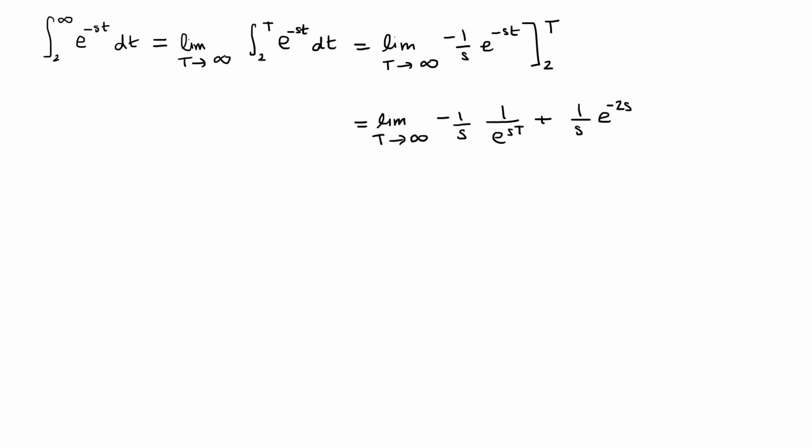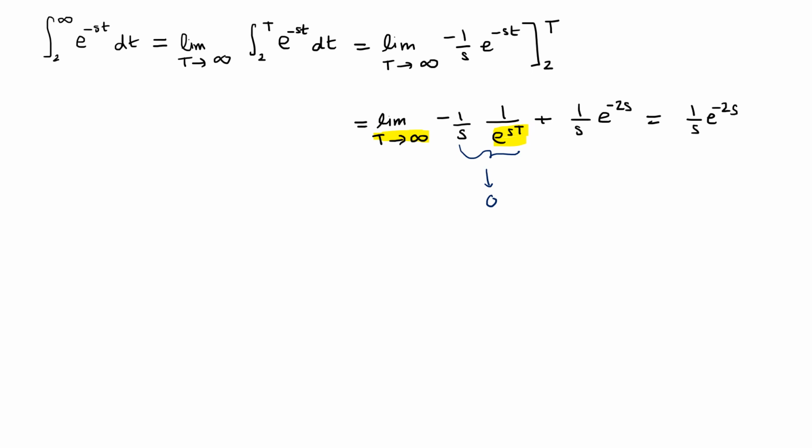Okay, now as t goes to infinity, this exponential in the denominator is going to get really, really big, which means that our first term here is going to be headed to 0. Okay, so this final limit is just going to be 1 over s e to the negative 2s.